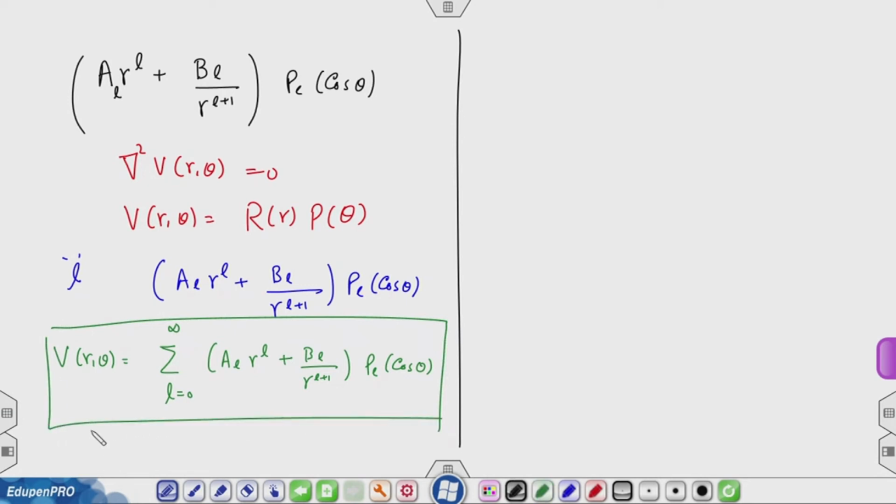And this is the solution for systems with azimuthal symmetry.